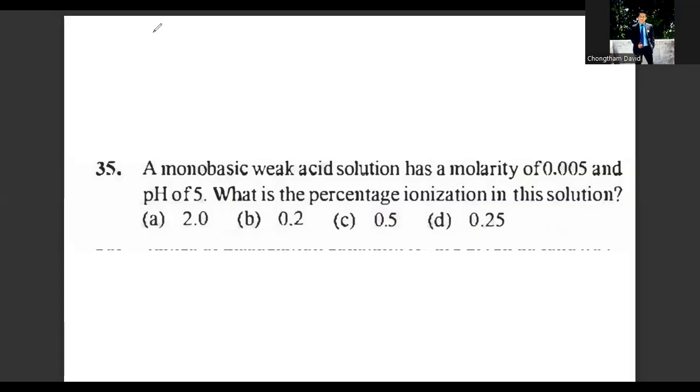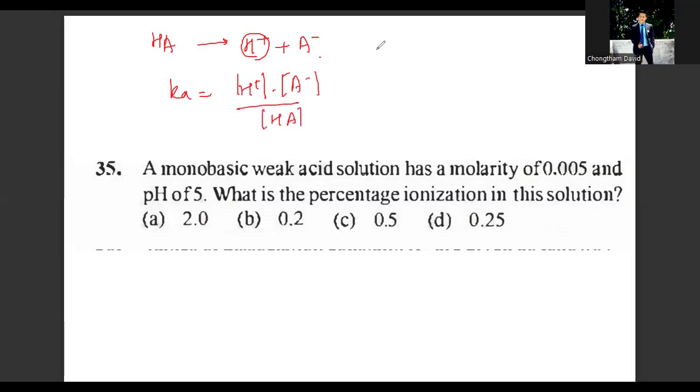Looking at this question again, since it is a monobasic acid, we have only one hydrogen atom, and after dissociation you have this proton. The dissociation constant is given as H plus, A minus over the monobasic acid.